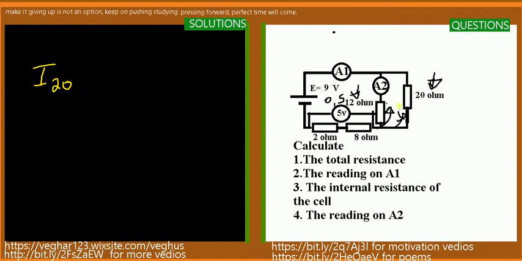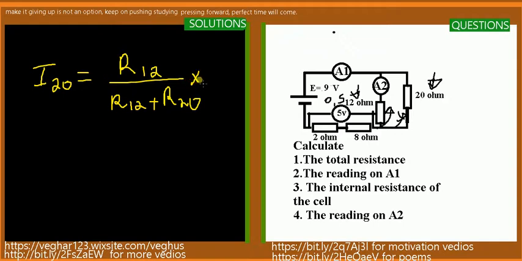It divides according to the ratio. That's why we have a current divider rule. So we have to prove the rule, is it true or not. So let's try and see.